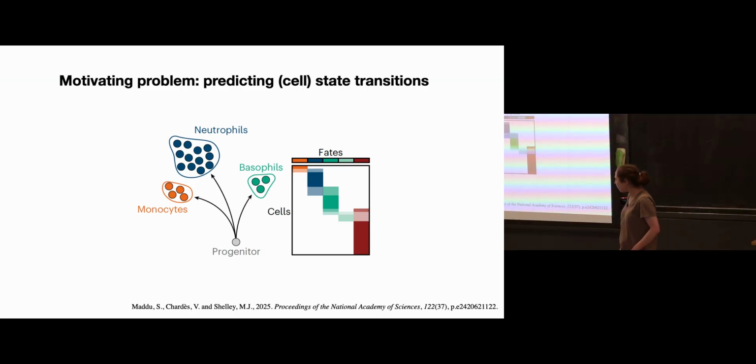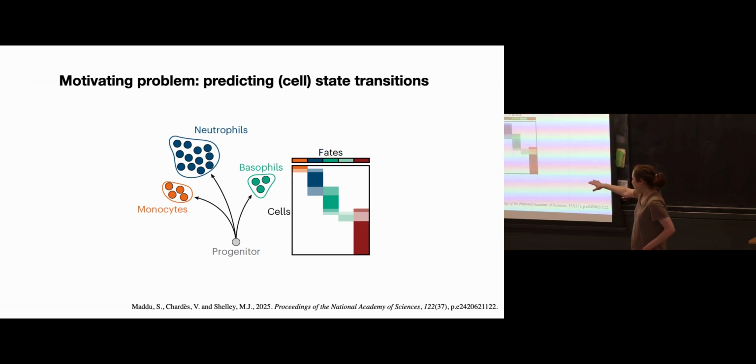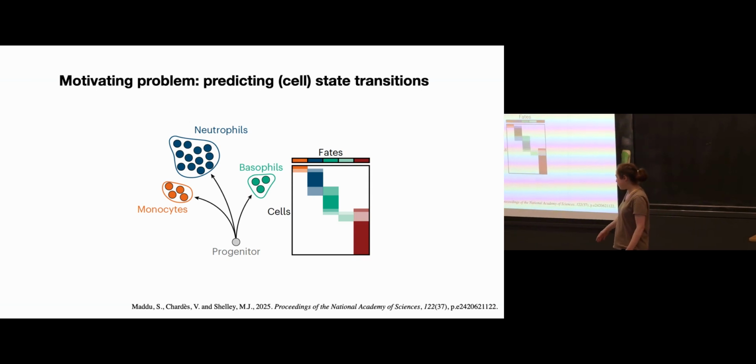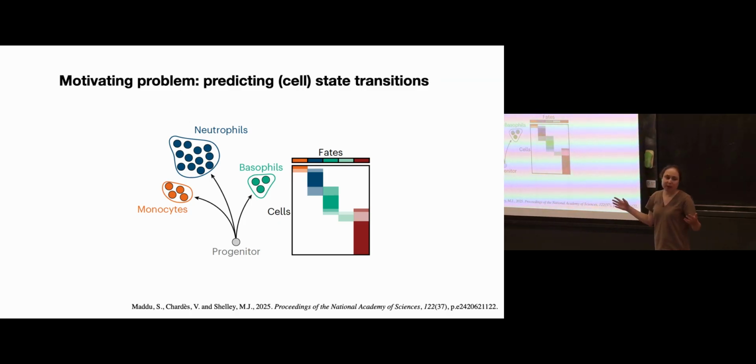So the problem is that you have, for example, a hematopoietic stem cell, HSC, which can become many other types of cells, right?